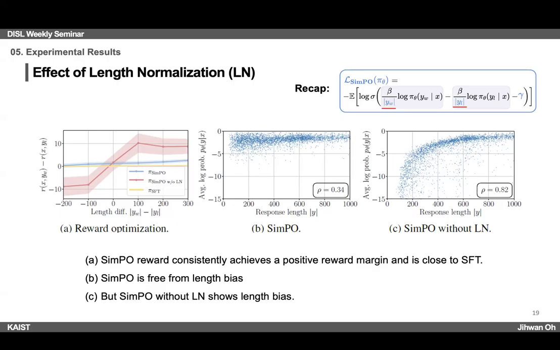But as we can see in the right plot C, when we remove the length normalization, the correlation jumps to 0.82. It means that longer responses are favored even if they aren't better. So this study shows that length normalization is critical for stable and fair reward learning and helps prevent the model from generating unnecessarily long outputs.